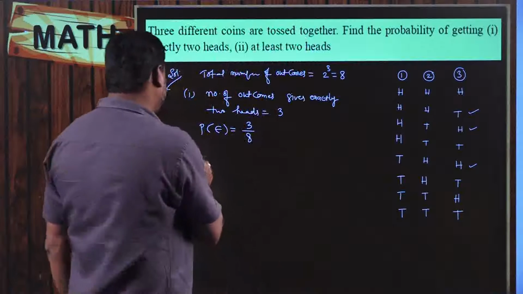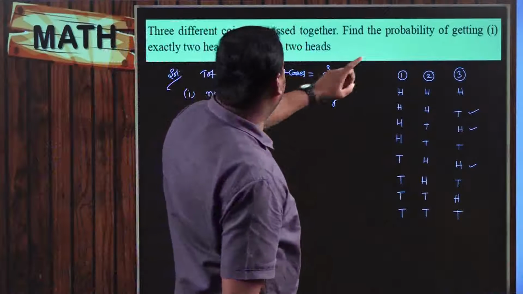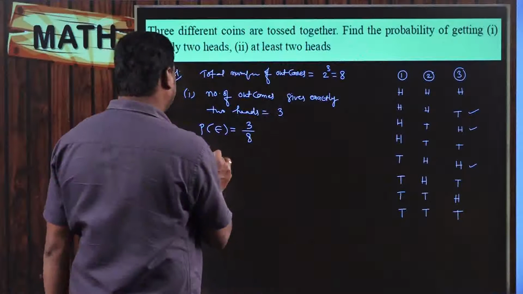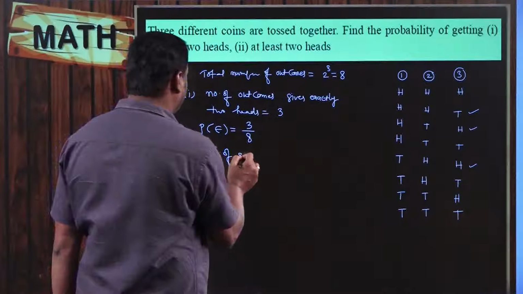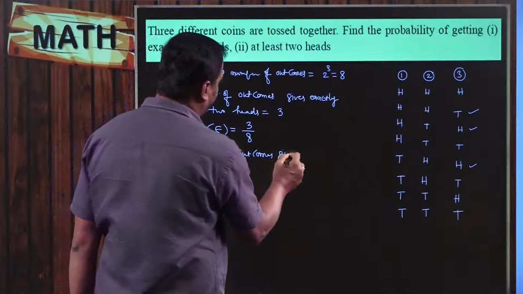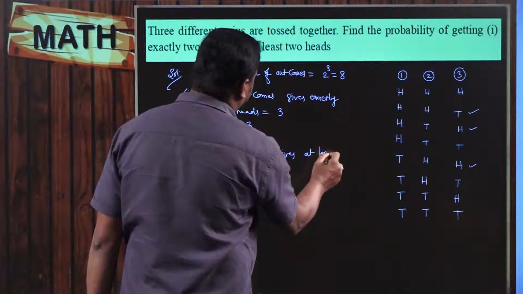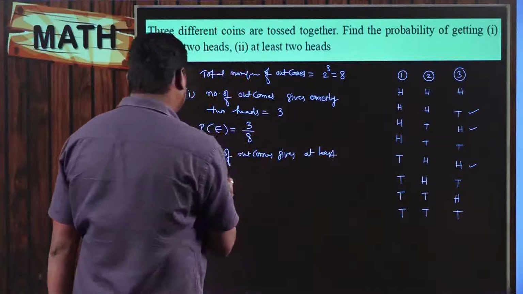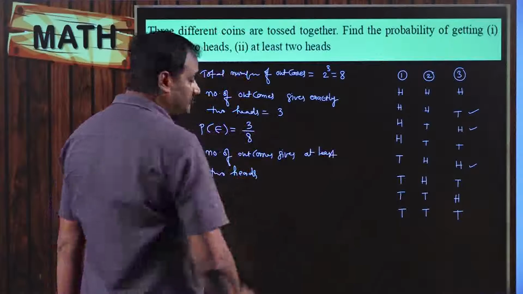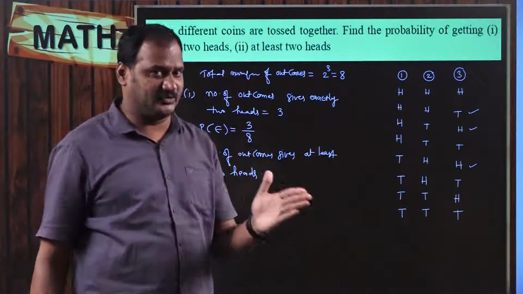And coming to the second one, what is the second one? Here the second one is the probability of getting at least two heads. The number of outcomes that give at least two heads. What do you mean by at least two heads? At least two heads means two or more than two heads, but should not be less than two heads.